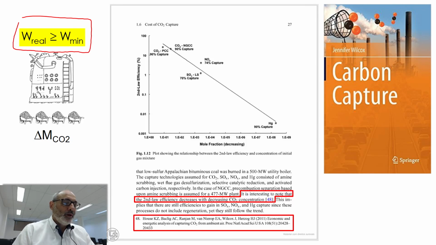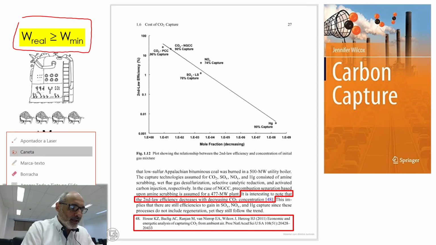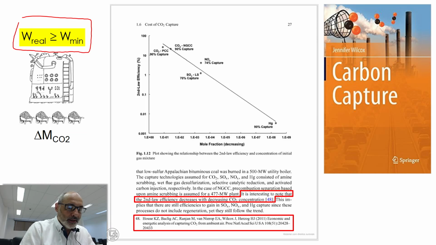What happens in practice, as I'm highlighting here, is that the mechanical efficiency, or exergetic efficiency, of the process tends to decrease as the molar fraction of the element that you're removing decreases.